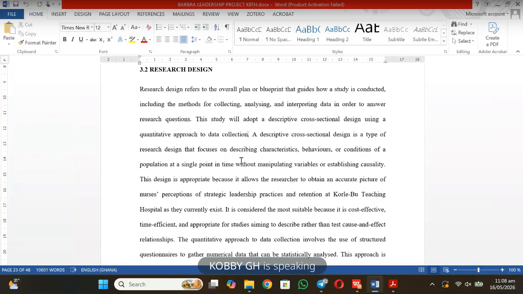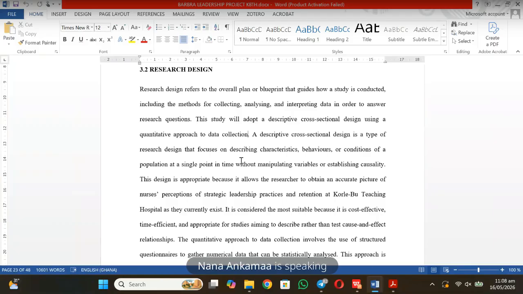So you say this study would adapt descriptive cross-sectional design using mixed method approach to data collection. So keep it in your mind. When you decide to do both quantitative and qualitative, you use the descriptive cross-sectional study design. Is that okay?